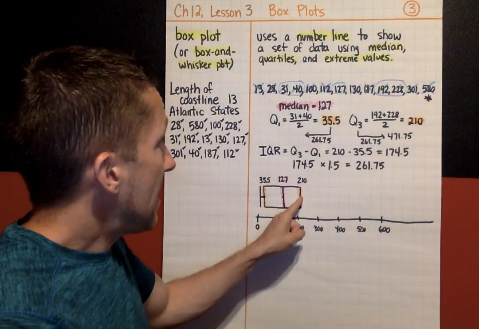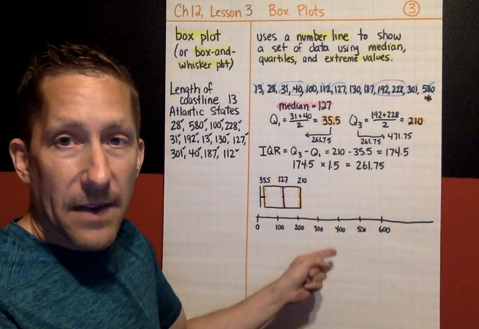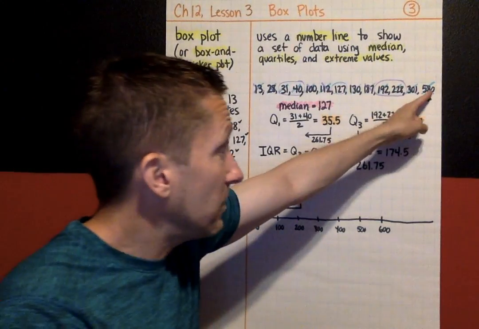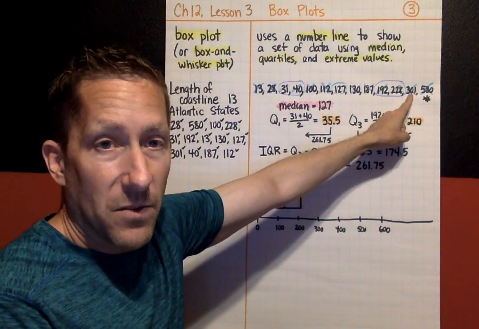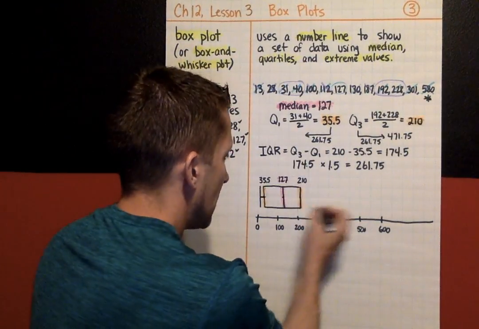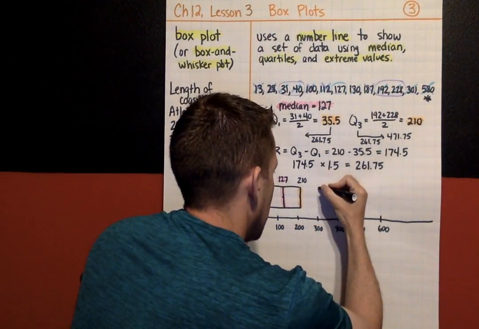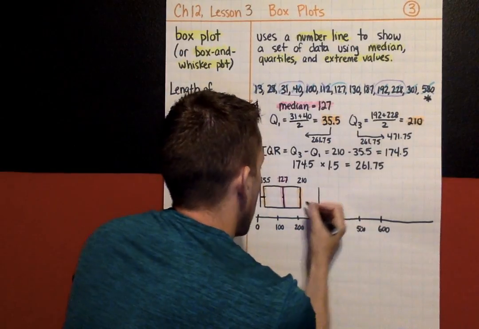On this side, I go out to the greatest value I've got, but not including outliers. So I'm not including 580. My greatest value other than 580 is 300. So the whisker on this side, here's 300. It's just barely off that line, 301.